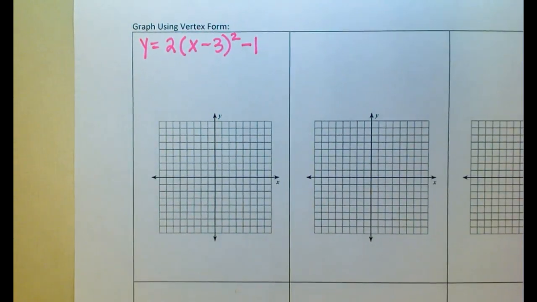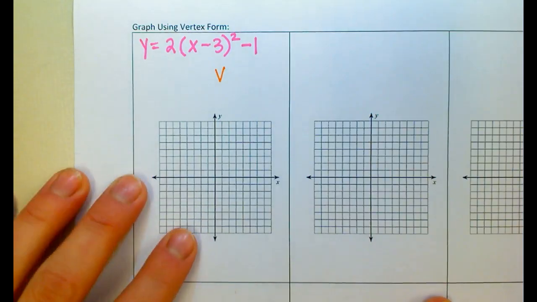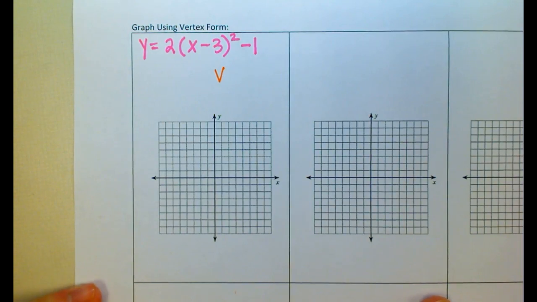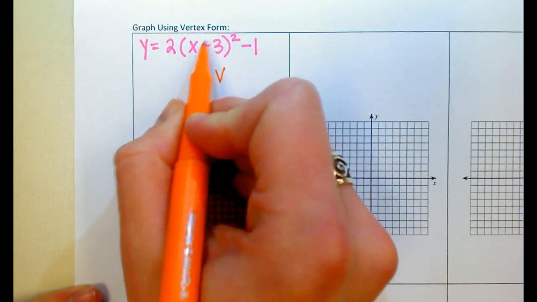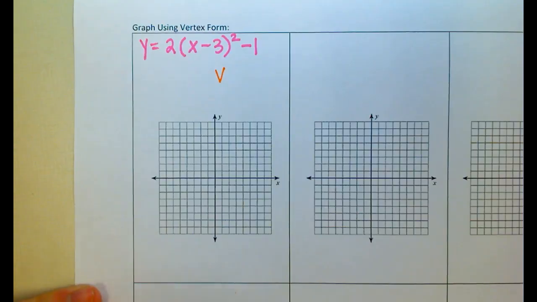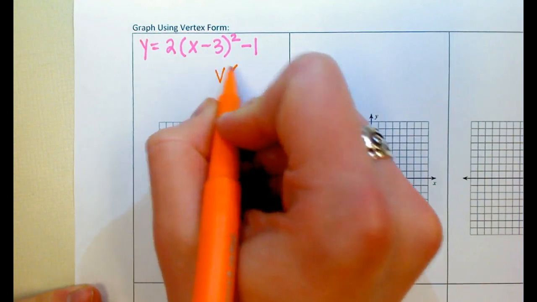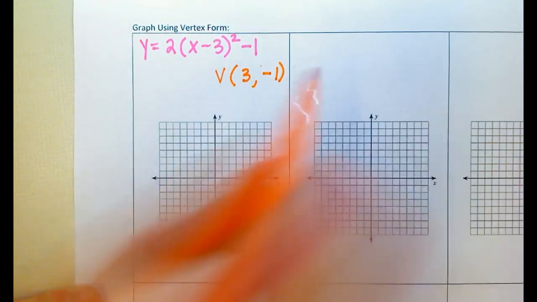The first thing that I'm going to do is find my vertex. My vertex is based on the horizontal and vertical translation. The -3 tells me to go to the right 3, and the -1 tells me to go down 1. So using the opposite sign, my vertex will be +3, and then the same sign, -1.